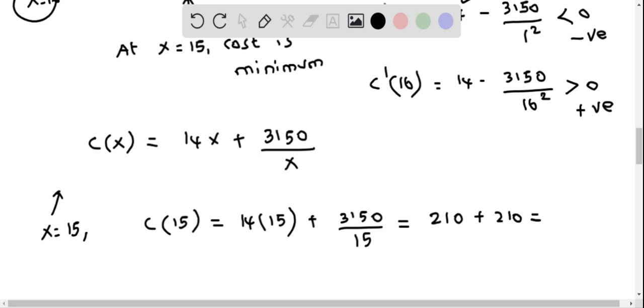So 210 plus 210 is 420. And we have to put this in dollars because it represents the cost quantity. So we have determined the minimum cost, which is found to be $420.